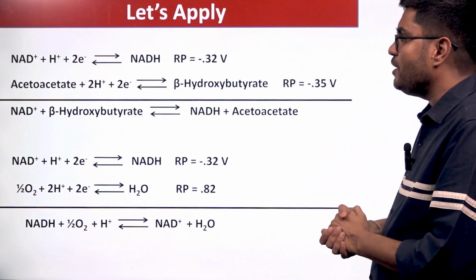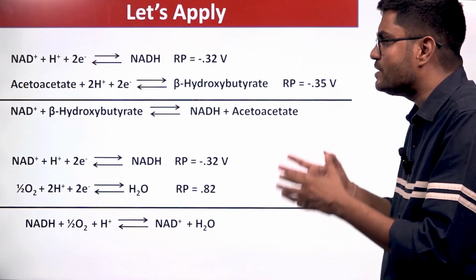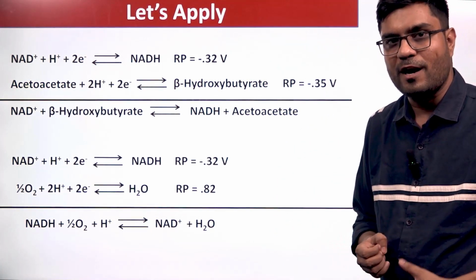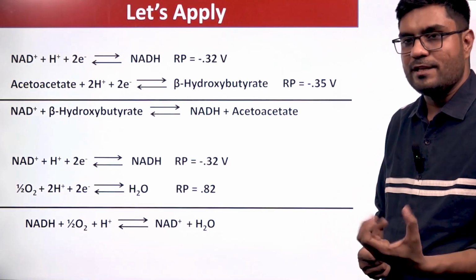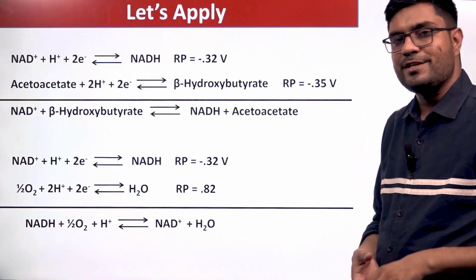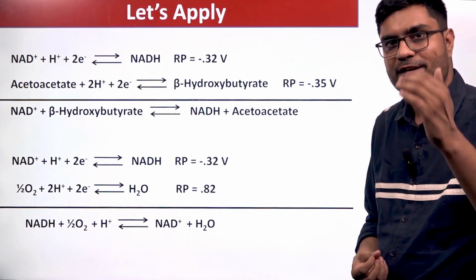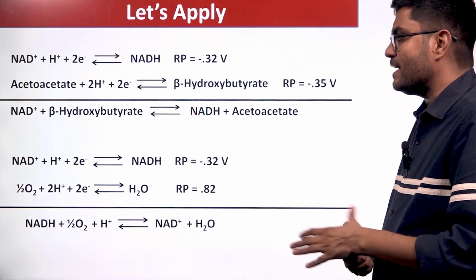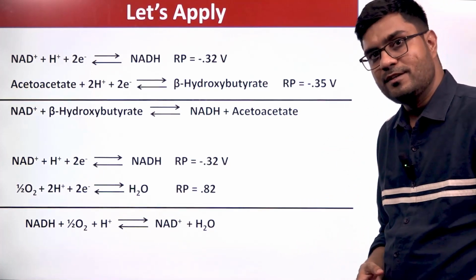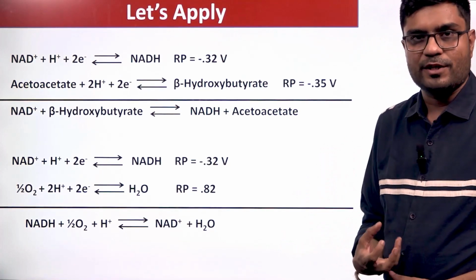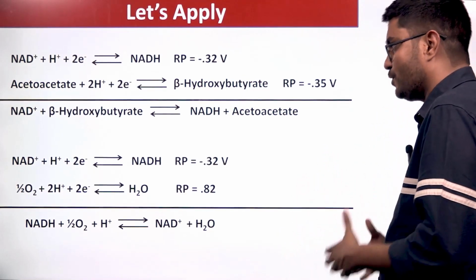Now we already know how to decide the direction of electron transfer just by keeping two things in mind: reduction potential is nothing but the tendency of accepting electrons, and second, electrons will always be transferred from low reduction potential to high reduction potential.